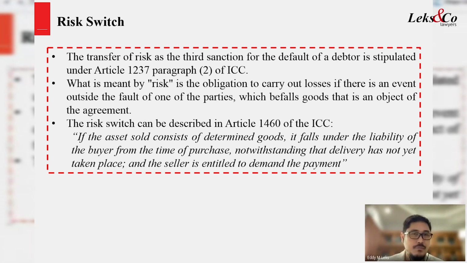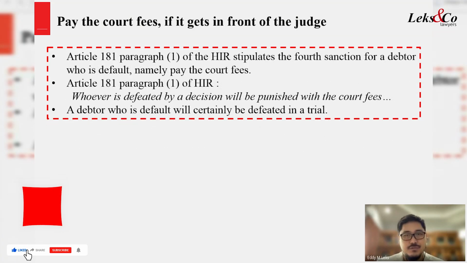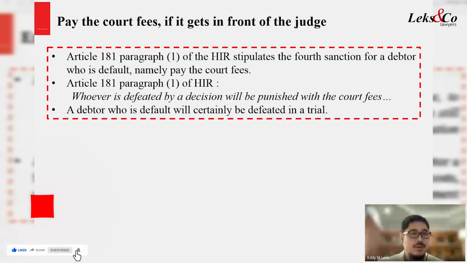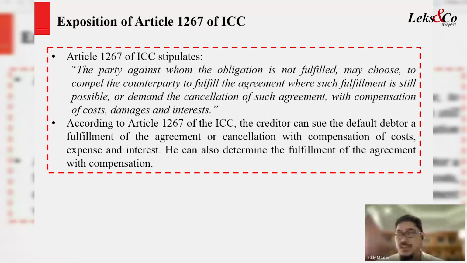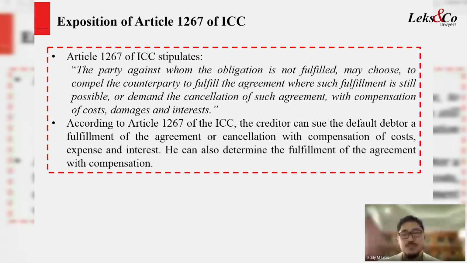Yeah, because it's interesting. Now the pay the court fees, I told you already about this, so we don't need to talk about this anymore. And now the 1266 is also, there is a 1267. So the 1266 is a principle, a null and void principle, but as Professor Subekti said, it is not always performed, right?